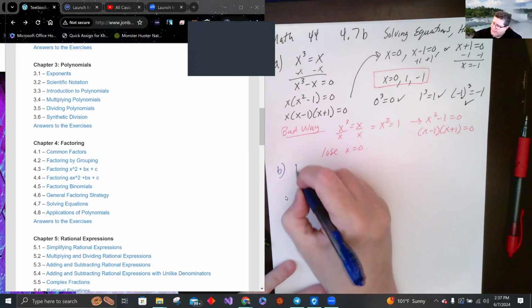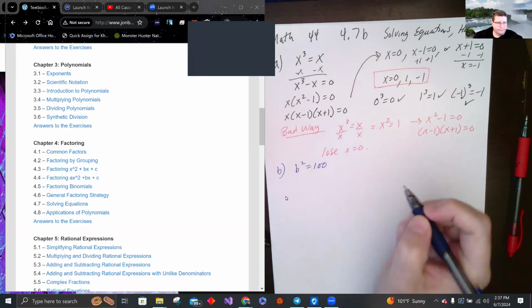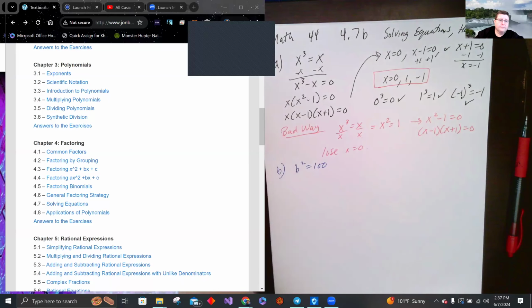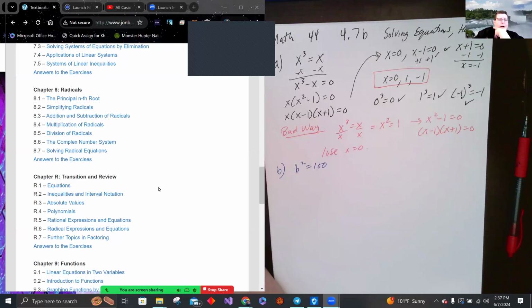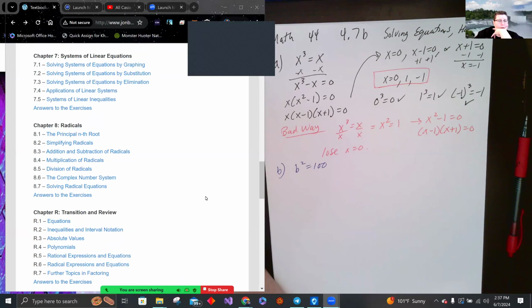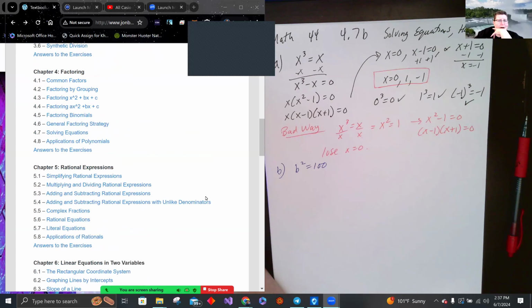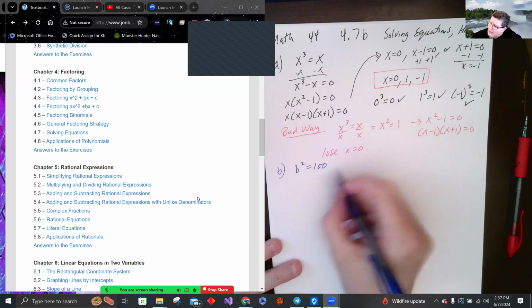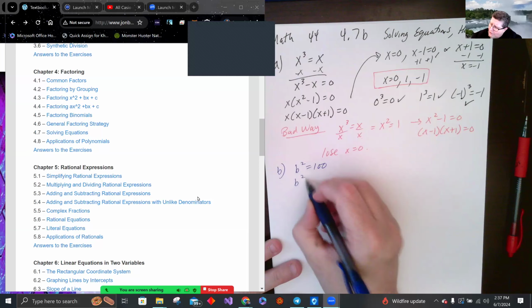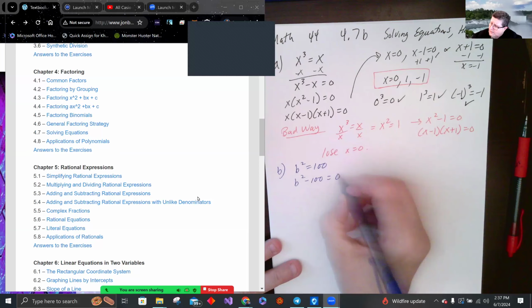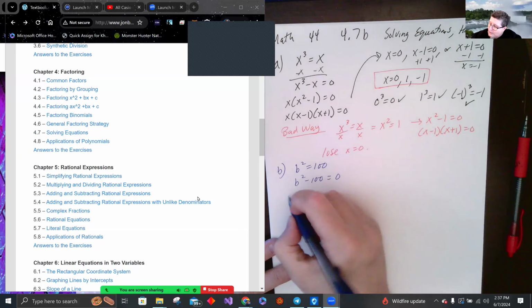B squared equals 100. Later on when we do, oh no, we don't do it in here. I'm just going to do factoring still. So we'll subtract the 100 over, and this is the difference of squares.